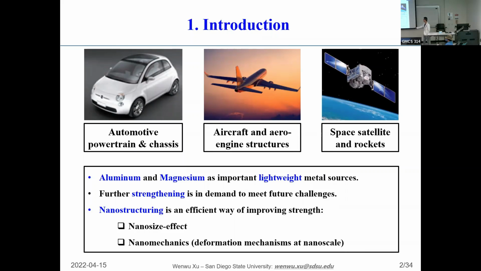And once we have some good understanding of this, hopefully we will be able to come up with some practical ways to improve the mechanical properties of those aluminum and magnesium-based alloys.